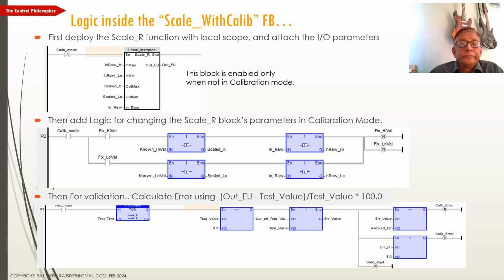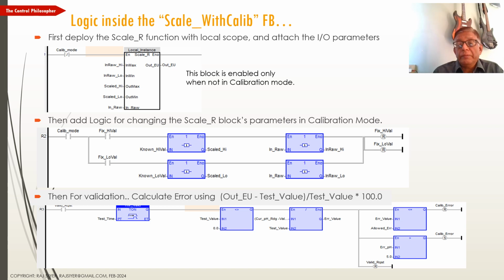All right. Basically, you see the rungs here. The first rung is the scale block which we developed earlier. This scale block will scale the input signal as long as it is not in calibration mode. Now we add logic for changing the scaled high and scaled low values, and also the raw counts that are prevailing when we calibrate it at 2 points.